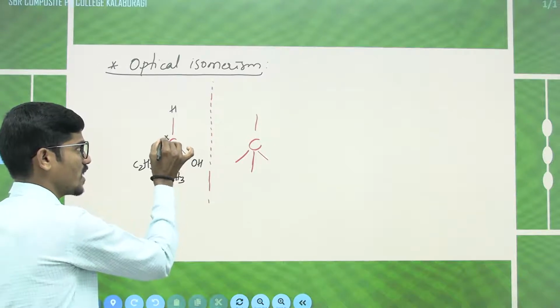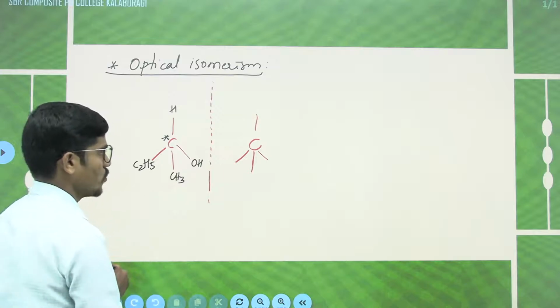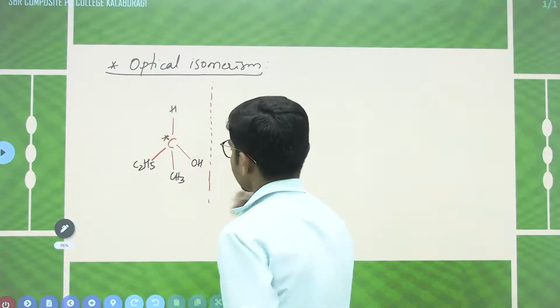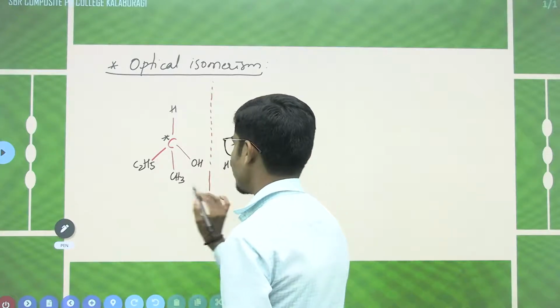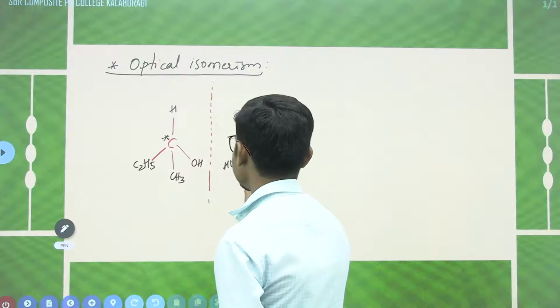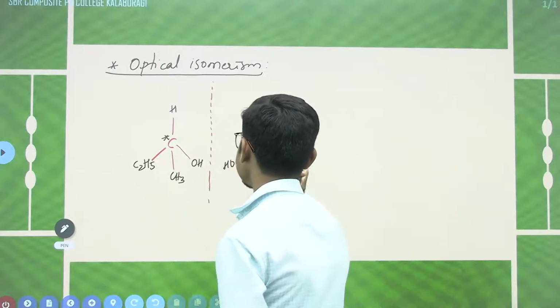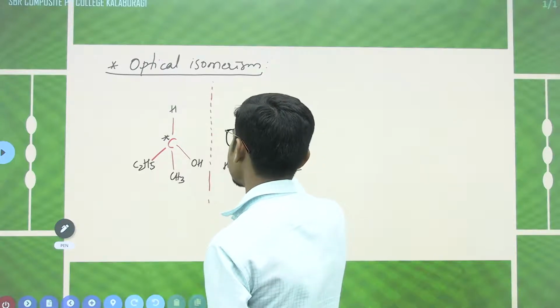Therefore, it is said to be a chiral carbon atom. It can be an optically active compound. Exactly the mirror image of this has the OH group, the CH3 group, the C2H5, and the hydrogen.